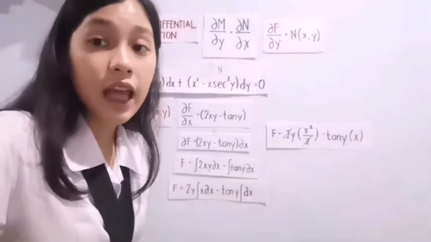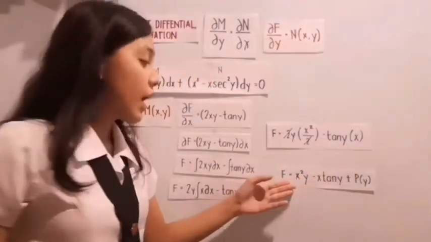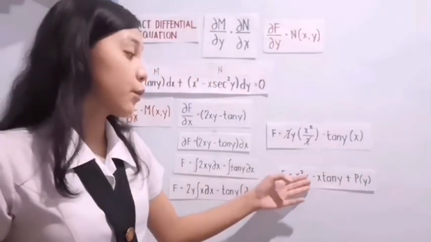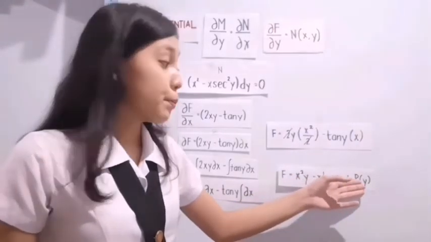Therefore, our final answer will be f is equal to x squared y minus x tangent y plus p of y.